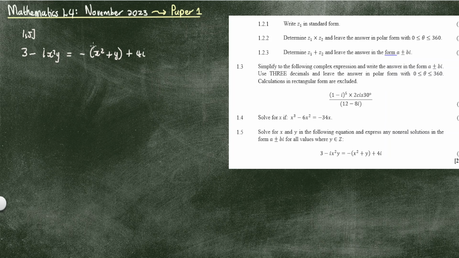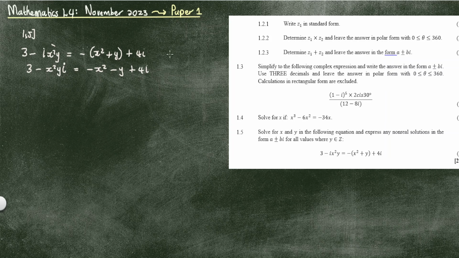Alright, so the first thing I would have to do is remove the bracket, and I would rearrange it to the following: 3x squared y minus i x squared y equal to minus x squared minus y plus 4i.